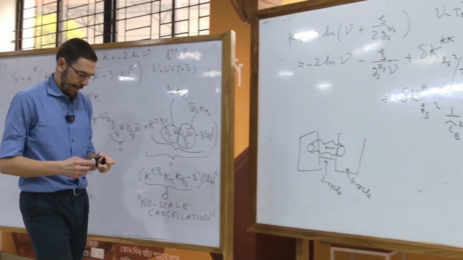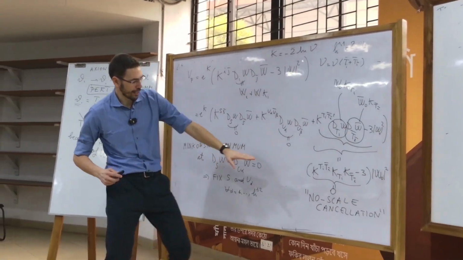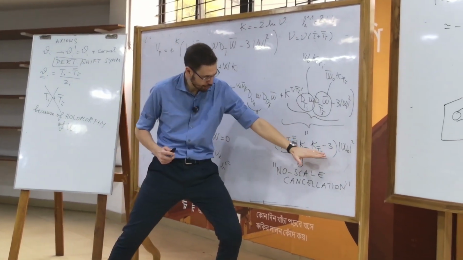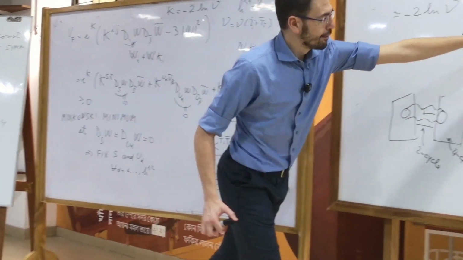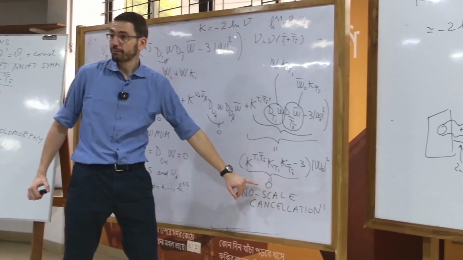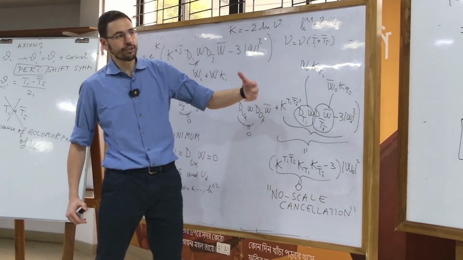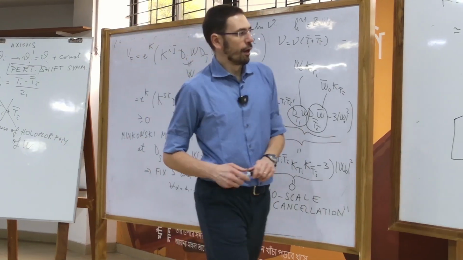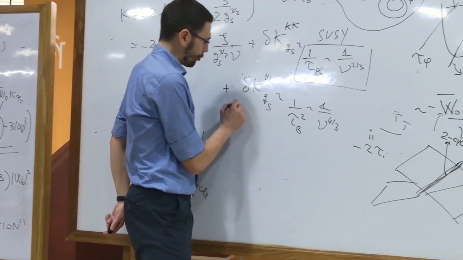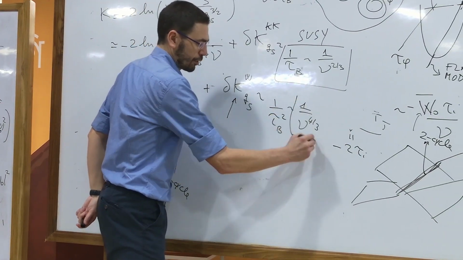So there is still a higher order cancellation. Basically, once you have this relation and you add this delta K, you keep getting 0. That is why it is called extended no-scale. 0 at leading order, but then you get something non-zero from these corrections.